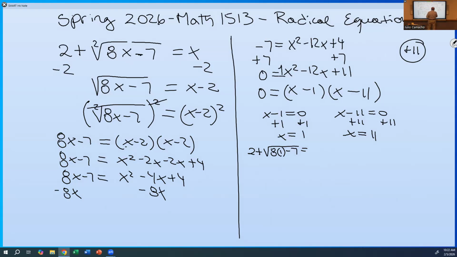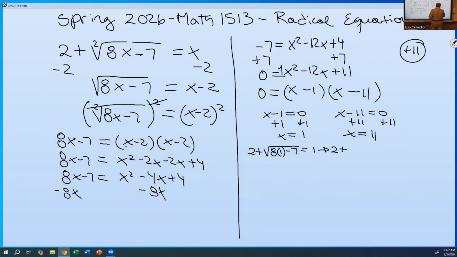Because I'll put the x as 1. If you do all this, you have a 2, you have 8 times 1 is 8, minus 7 is 1.